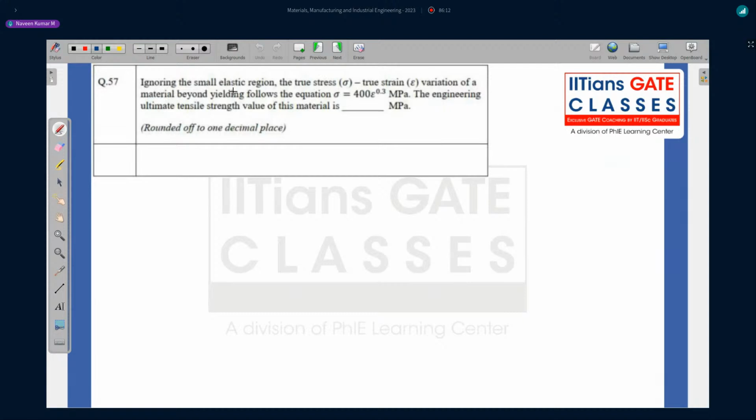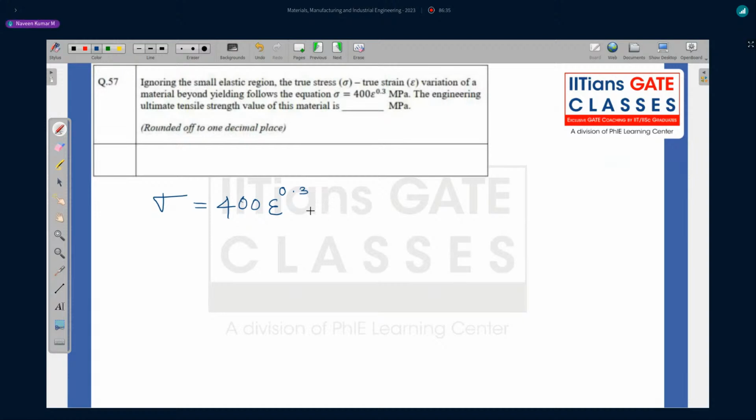Ignoring a small elastic region, true stress and true strain variation of material beyond yielding follows an equation sigma is equal to this. What is given? Sigma is equal to 400 epsilon to the power of 0.3 megapascal.